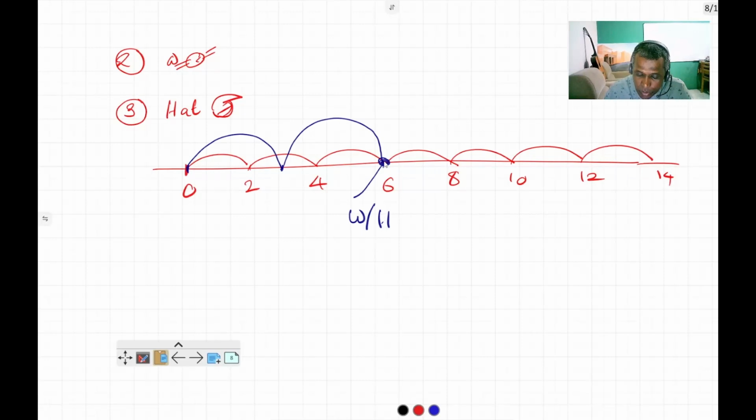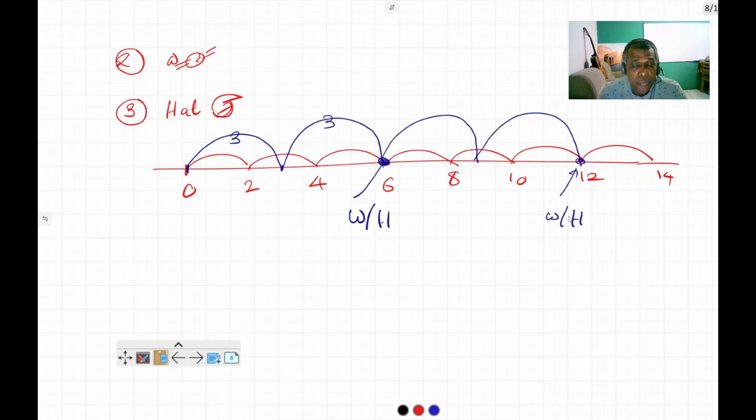Again, next is coming to 9. 3, 6, 9. 9 is coming between. Next is 12. That means after 12 days I am also wearing watch and hat. This is a practical thing I can find.